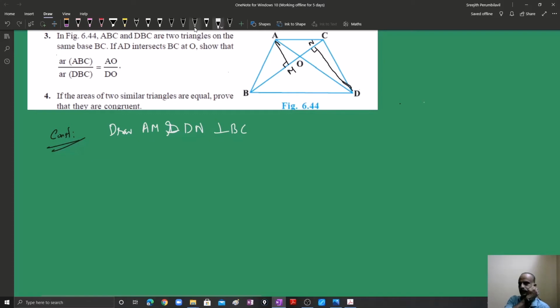So what you're going to do is look into two smaller triangles. The one triangle is this and the other triangle is this.